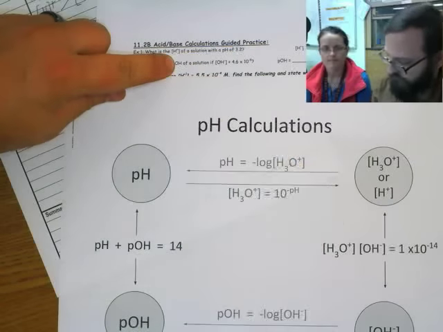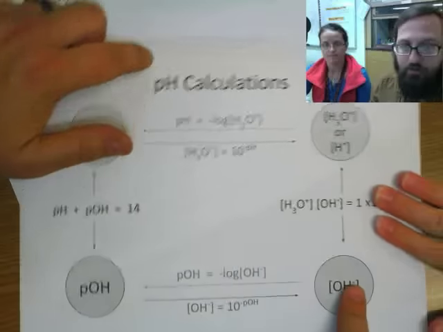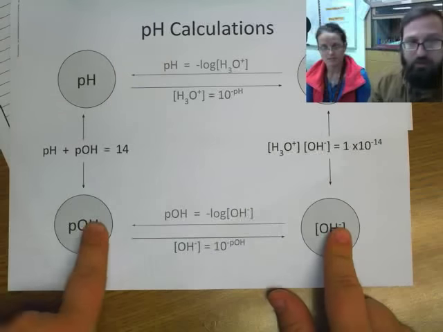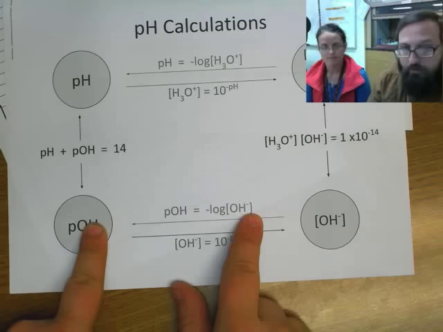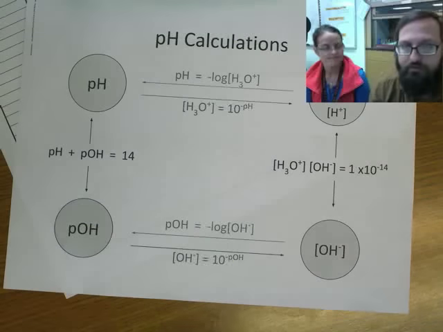We were given OH minus, and we were going to pOH. So I used the negative log of my OH concentration. It's literally telling you the buttons to push. You just got to plug in the numbers.